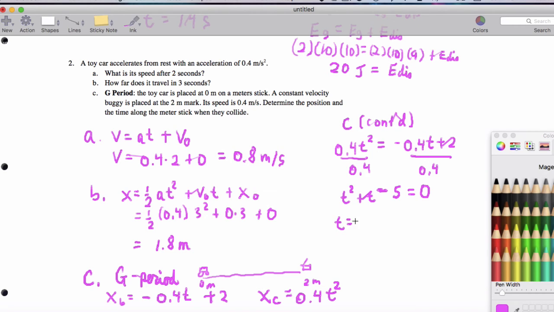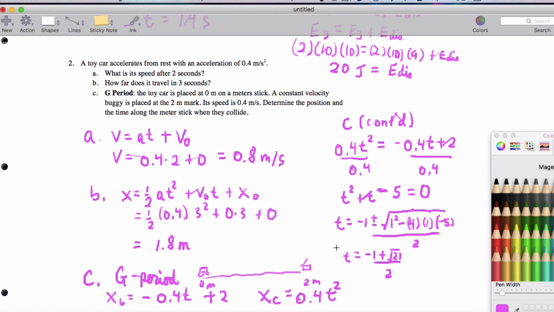So t is negative 1 plus or minus the square root of 1 squared minus 4 times 1 times negative 5, all over 2. The time that we want to keep is negative 1 plus the square root of 21, all over 2.